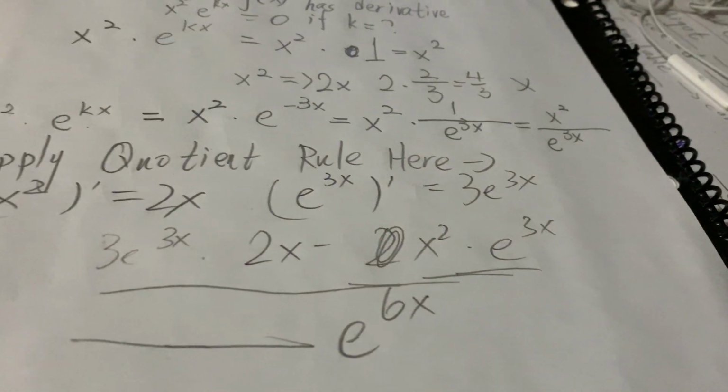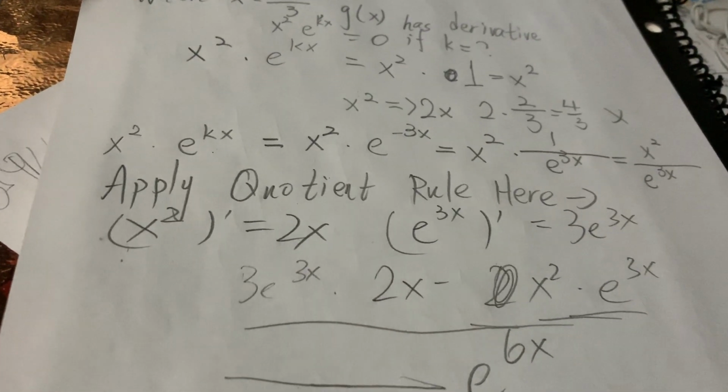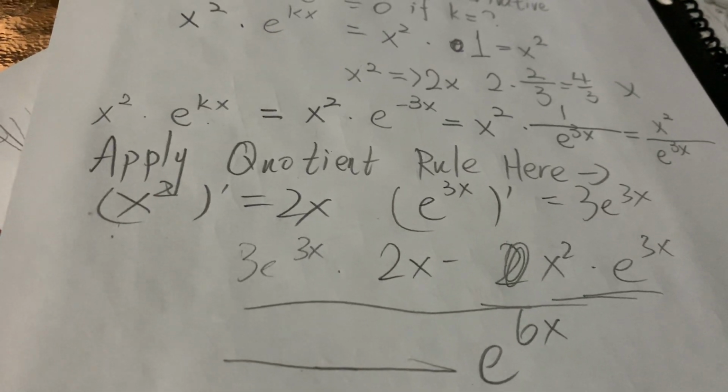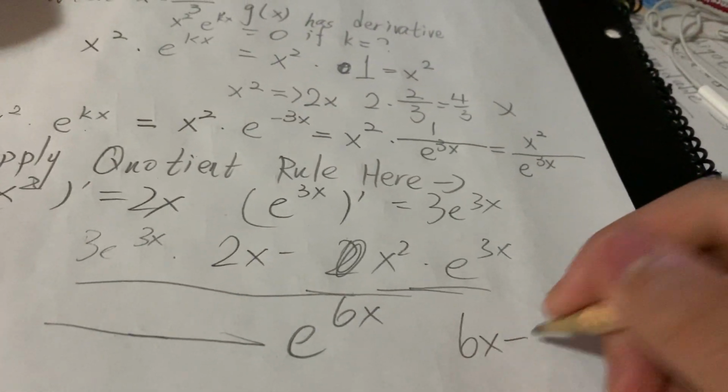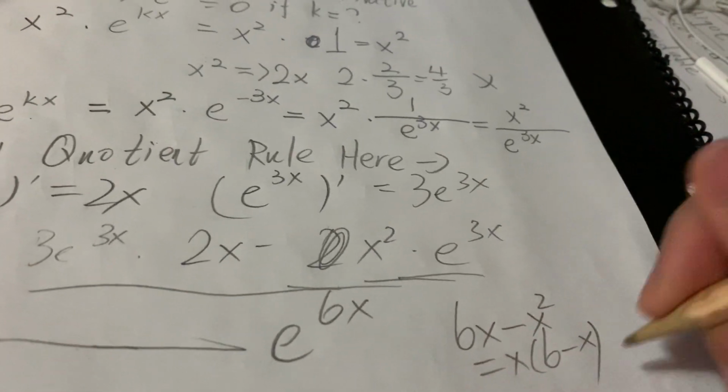In this case, we are able to do 3 times e to the power of 6x minus x squared, so it is equal to 6 minus x.